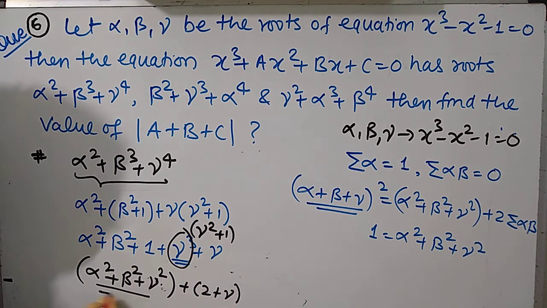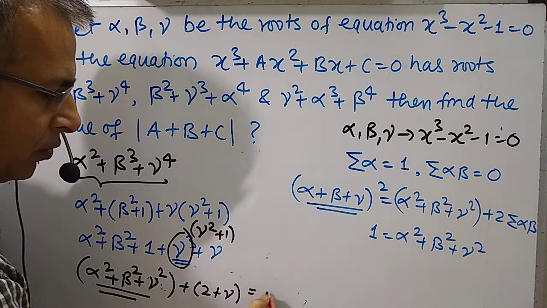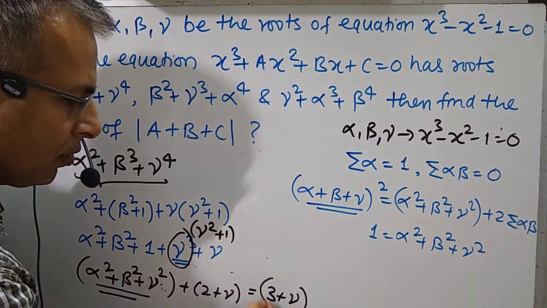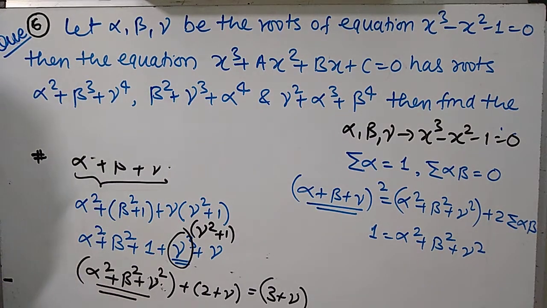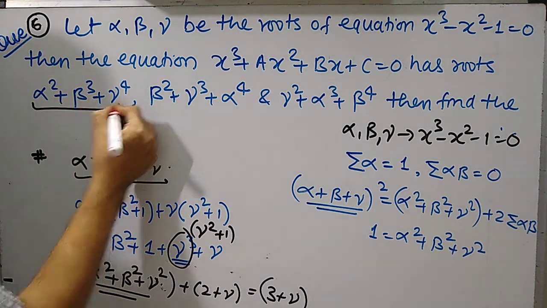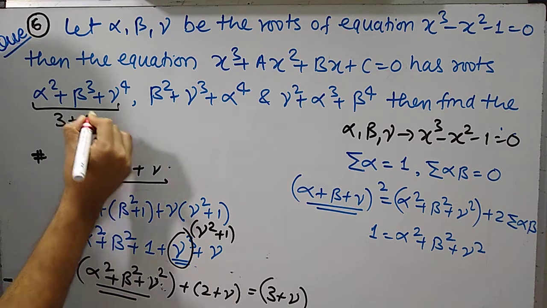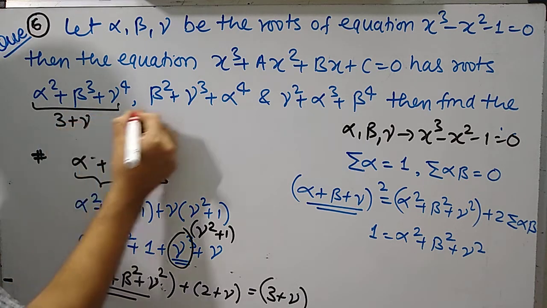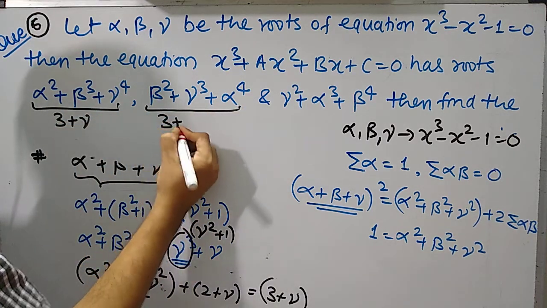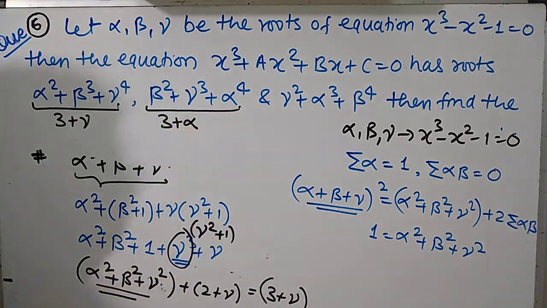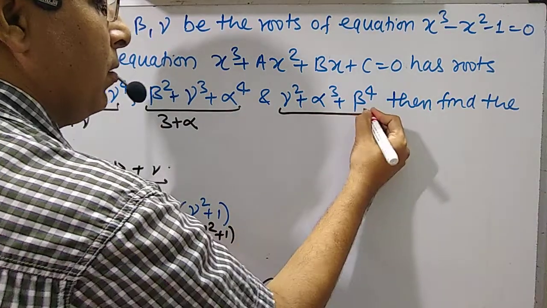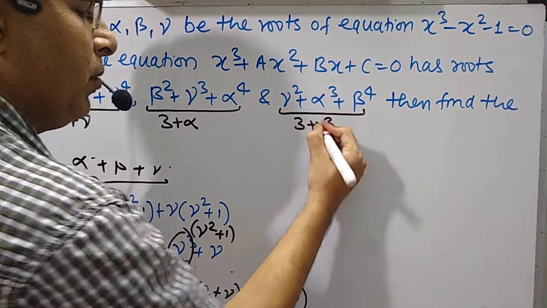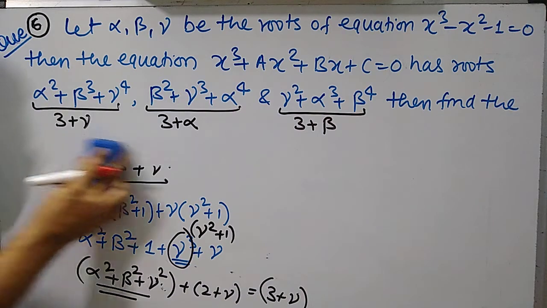Now this quantity is 1, so the result is 3 plus gamma, and similarly 3 plus alpha, and 3 plus beta. So what is the function of alpha?